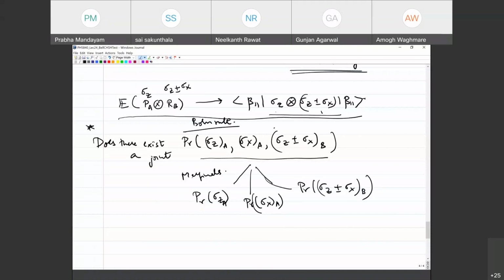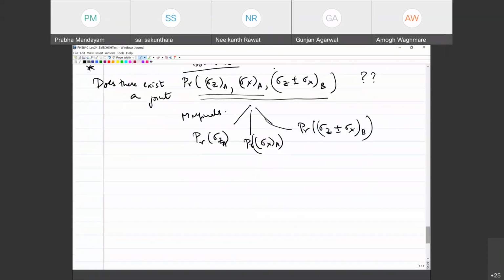Does there exist such a joint distribution in quantum mechanics where I can have a joint distribution for sigma Z and sigma X on the same system? This cannot happen. Such a joint distribution cannot exist.